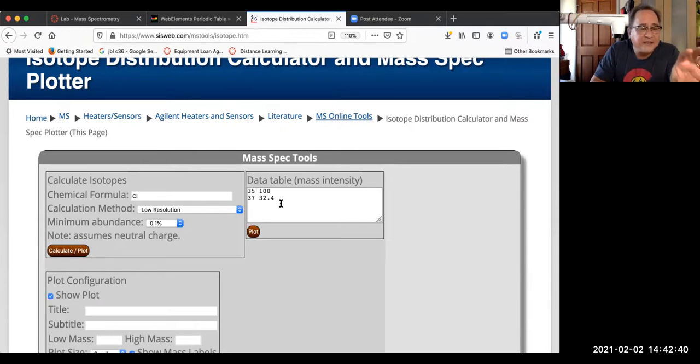The next section is going to be discussion. And your discussion is going to be talking about what you've learned. So you might say things like, well, you know what? I learned that when you're looking at more than one atom, you need to consider all the isotopes, and that isotopes could combine with other isotopes.